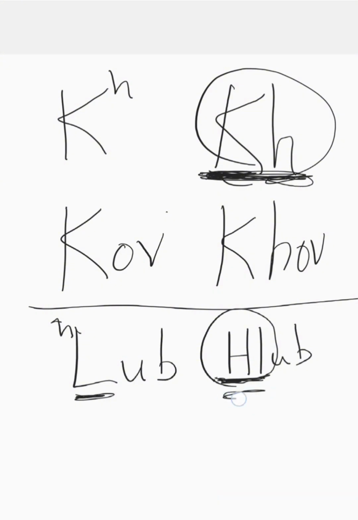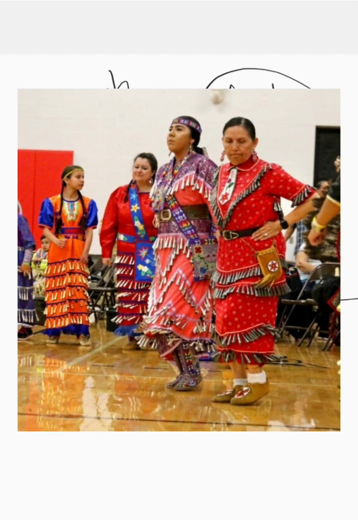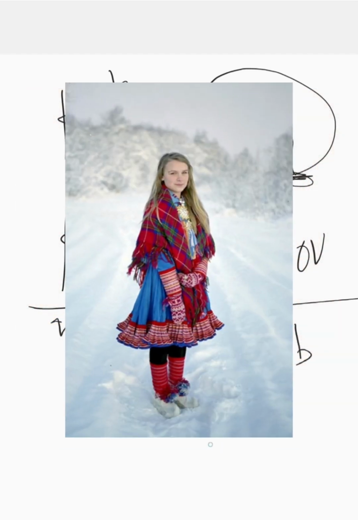We call that pre-aspiration. What's really interesting about this is that very few known and studied languages around the world are pre-aspirated. And some of those languages are some of our First Nation languages right here in the USA, so indigenous languages.